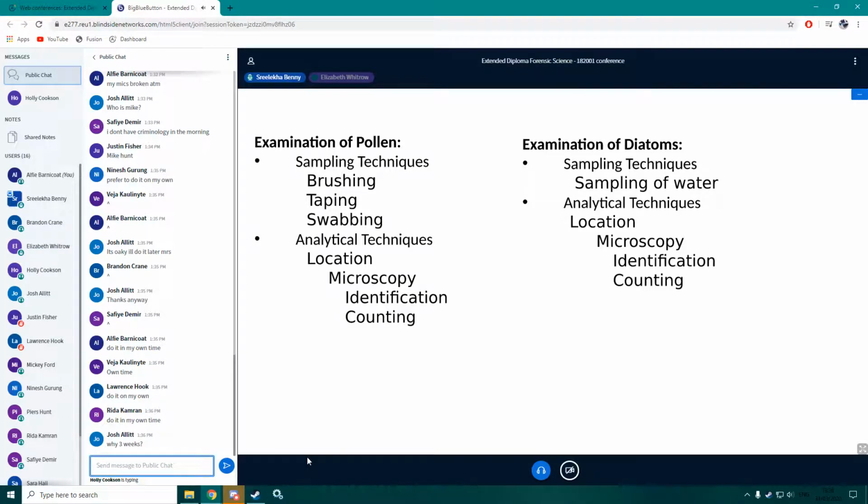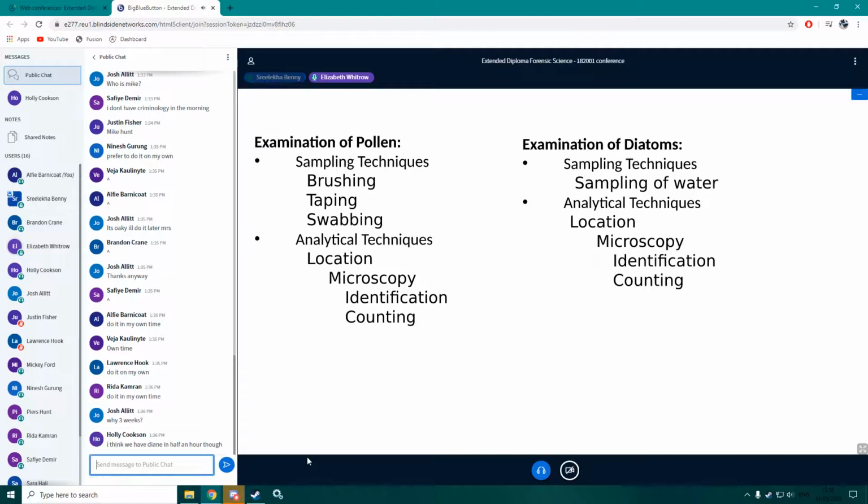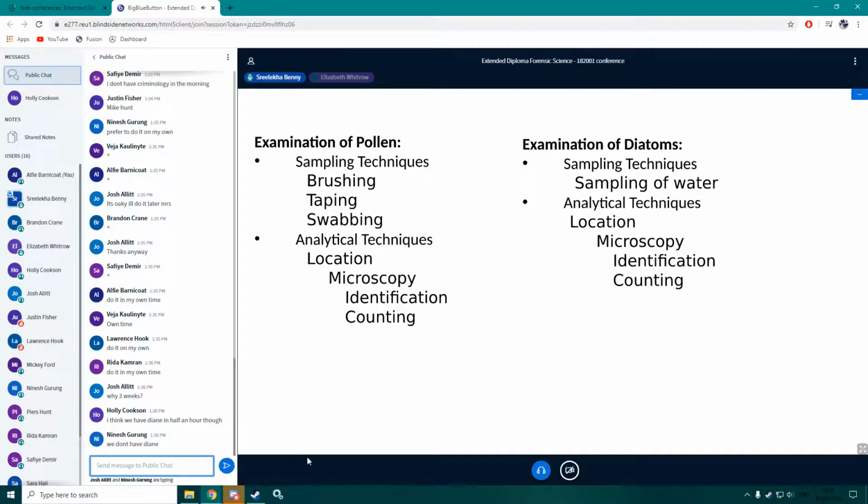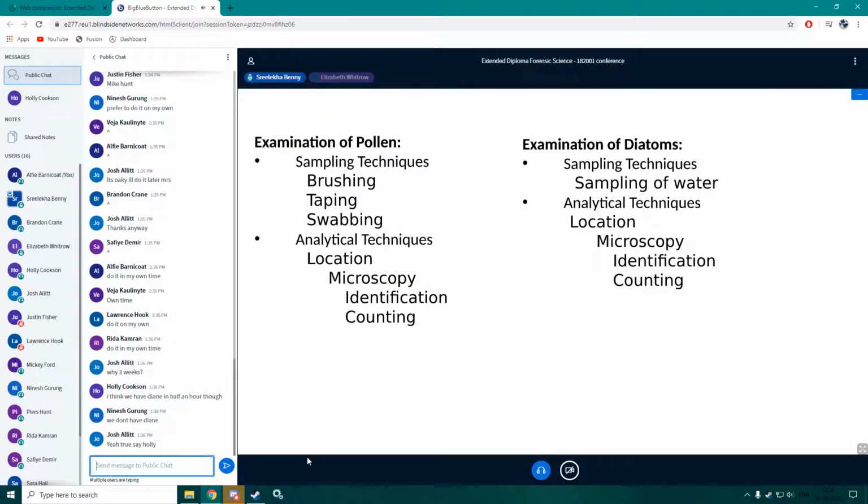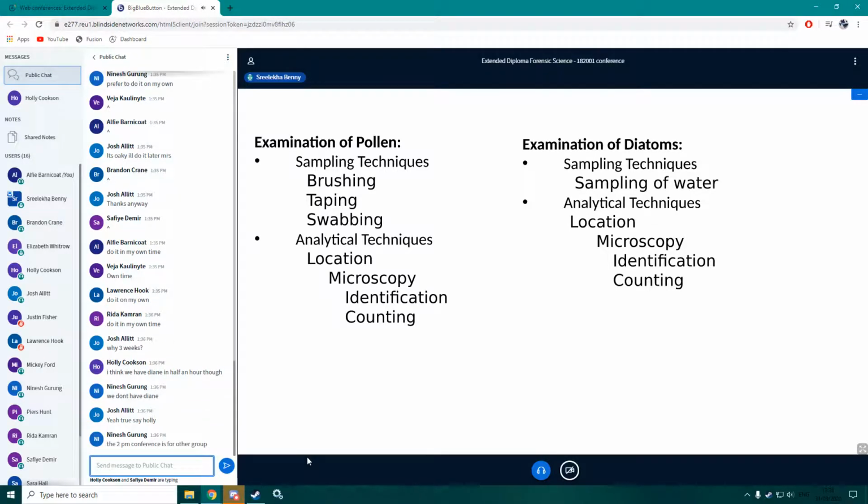Like a paragraph altogether? Yeah, because even though it is different, like soil, pollen, and diatoms, the techniques are the same. They use microscopes or spectroscopes. So what type of spectroscopes or microscope they use, and the main thing is if you can find out a certain case where they use these types of spectroscopes, and then they figure out who committed the crime.